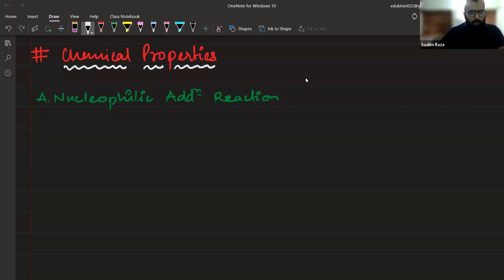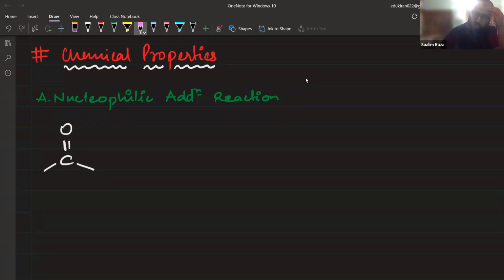First of all, we will take a carbonyl compound. So carbonyl compound will have carbon, double bond oxygen. Please don't write anything. Now between carbon and oxygen, which is more electronegative? Guys, tell me. Turn your mic on and answer quickly. Yes, very good. Oxygen is more electronegative.